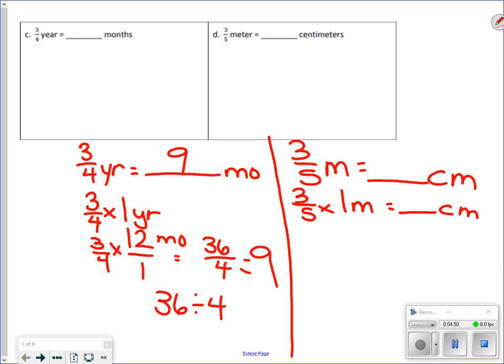One meter is how many centimeters? 100. I'm going from a big unit to a small unit, so it's going to be that whole number. 100 centimeters.